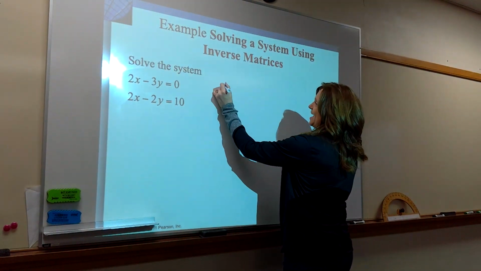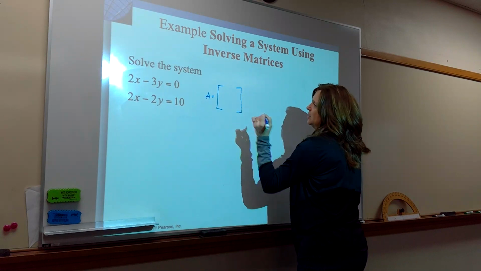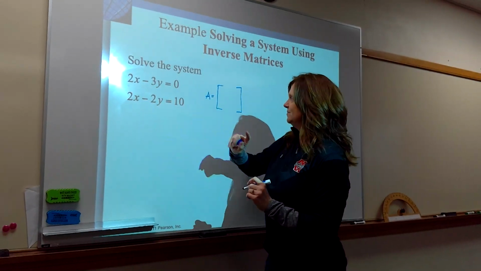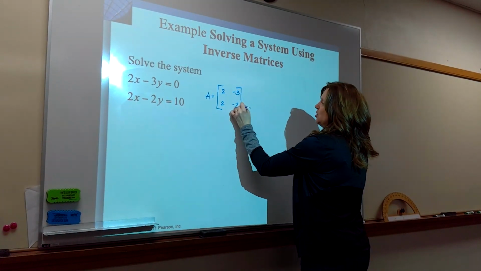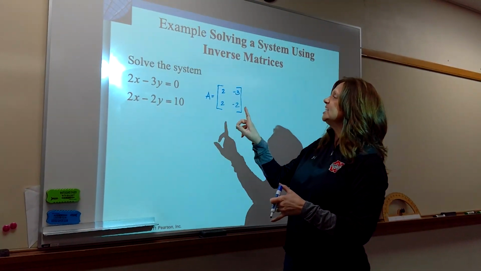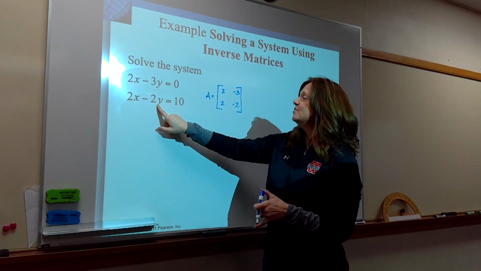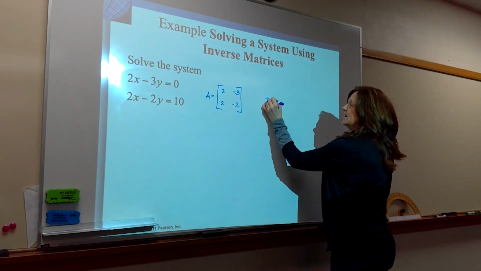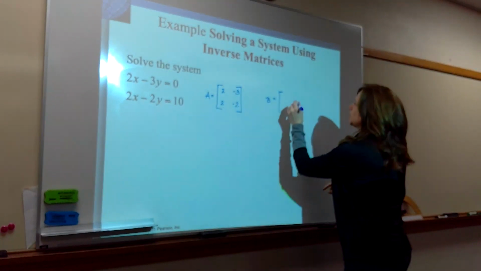So matrix A is the coefficients. So it's 2, -3, 2, and -2. So notice the difference between this and the previous example. Here, we're using inverse matrices. We just do the coefficients of the variables in one matrix. Matrix B are these numbers over here, 0, 10.